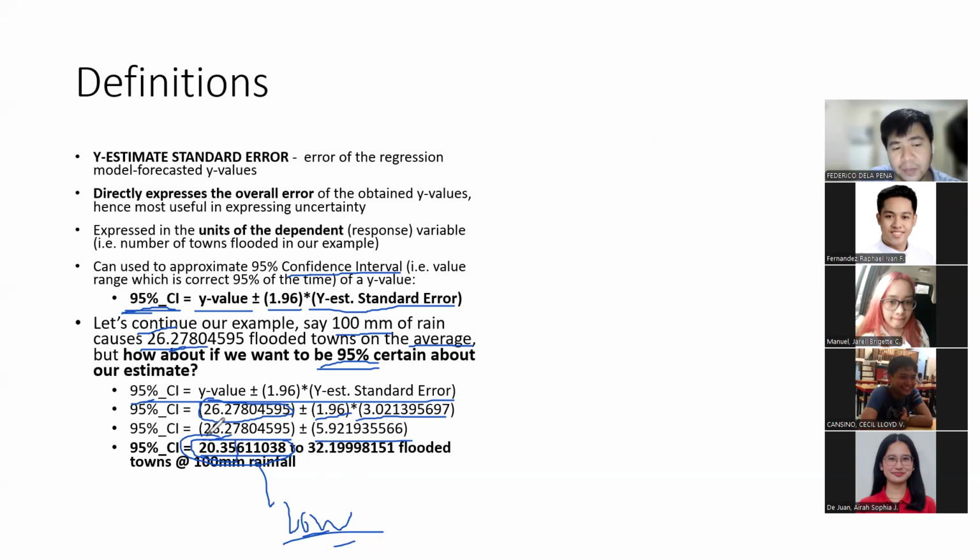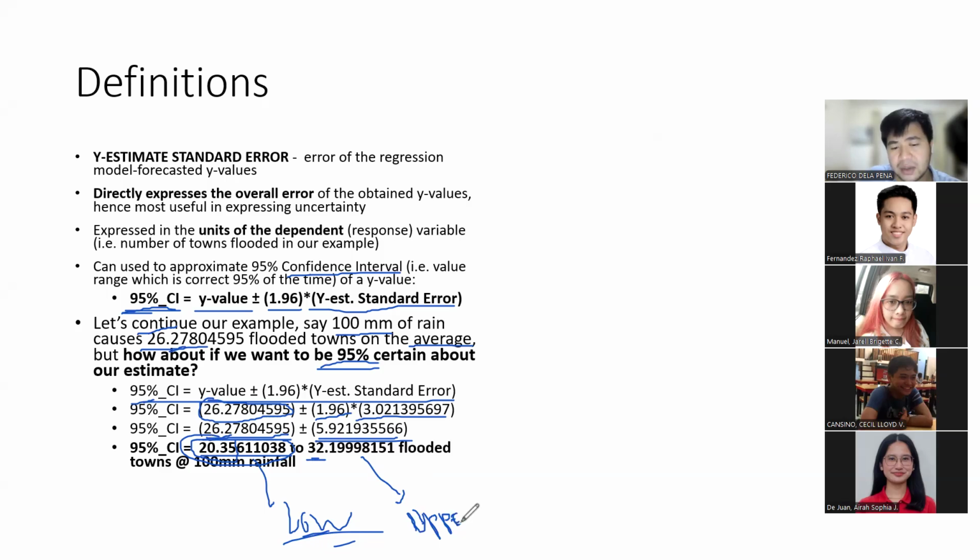And then to get the upper bound, you simply add your 5.9 to your y value, and that's gonna be something like 32.199. And this is gonna be the upper bound of our values.